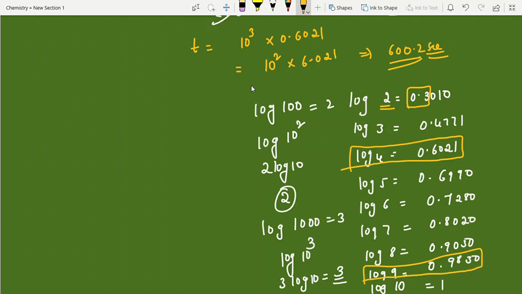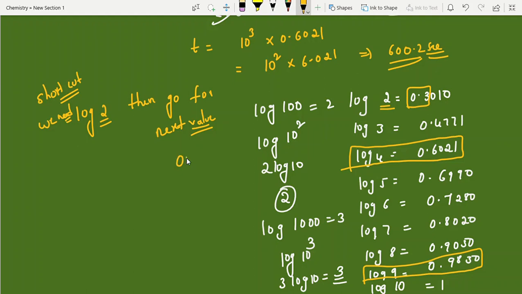Log 2, we go for the next value, 0.3, decimal values only.